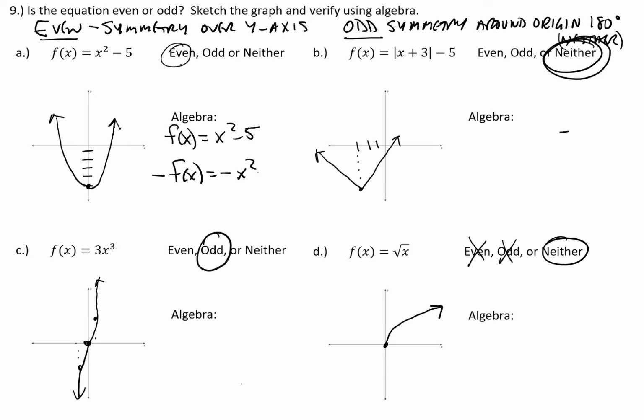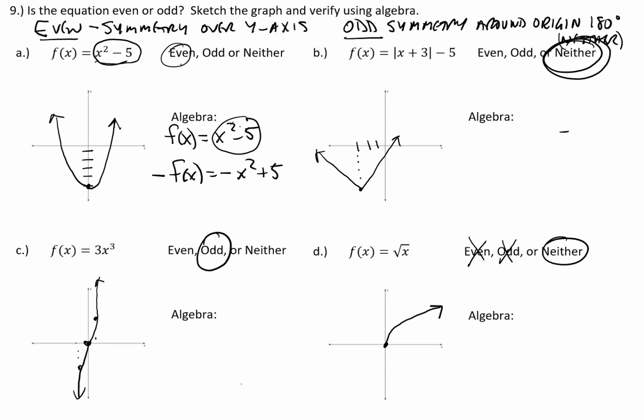Minus x squared plus 5. So when you look at the equation that we have, what matches? All right. So when you look at it, we get the same. So since they're the same equation, we would say that it's even.